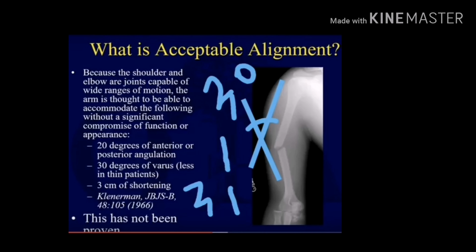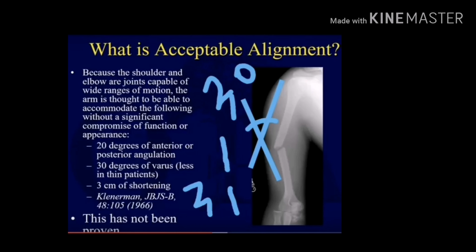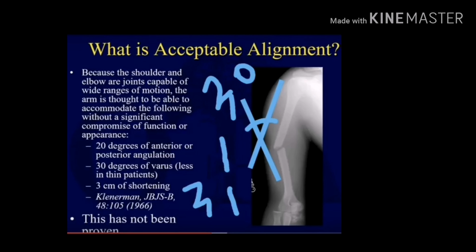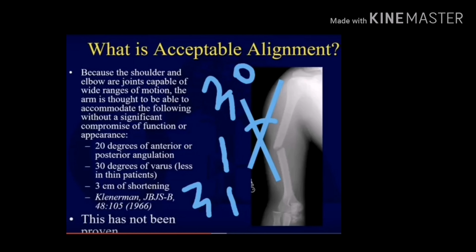Most humeral shaft fractures, more than 90%, will heal with non-surgical management. 20 degrees of anterior angulation, 30 degrees of varus angulation, and up to 3 cm of bayonet apposition are acceptable and will not compromise the function and appearance. Hanging cast, this is the first option.